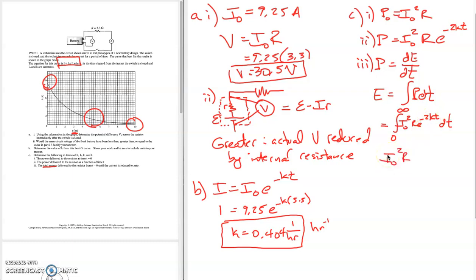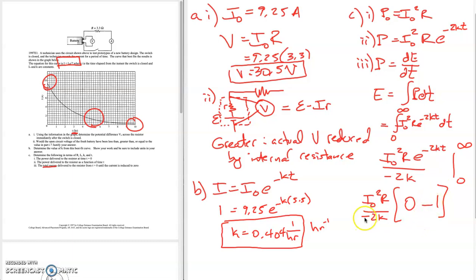So constant goes along for the ride, exponential stays the same, divide by what's in the exponent, and then we enter our limits of from 0 to infinity, and fortunately that minus sign is going to take care of itself once we plug in our limits, because we're going to be subtracting a negative. So I naught squared R over minus 2k, and then e to the negative really big gets us 0, minus e to the 0 gets us 1.